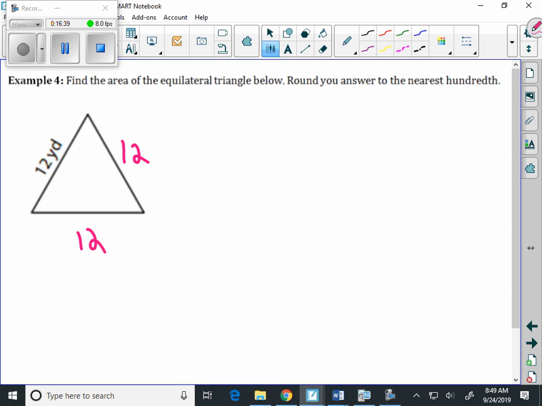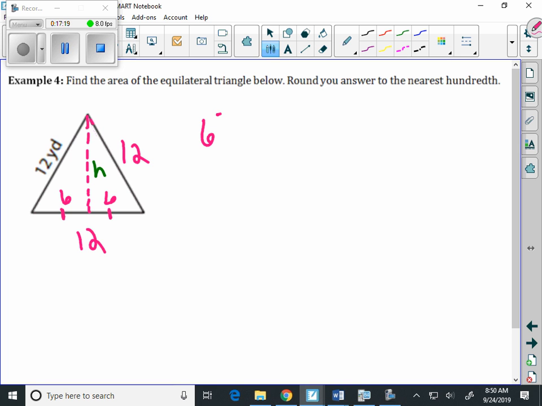So a couple things that we know in this particular case is if it's equilateral, this side length is 12 and this side length is 12. But when we draw in the height of this triangle, what happens is that it bisects. So 1/2 of the base now is going to be 6, and the other side is also going to be 6, because 6 plus 6 is 12. Half of 12. And what we need to do on these remaining two triangles is calculate the height, going back to using the Pythagorean theorem.